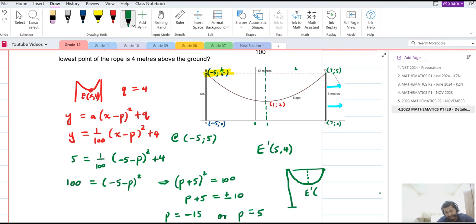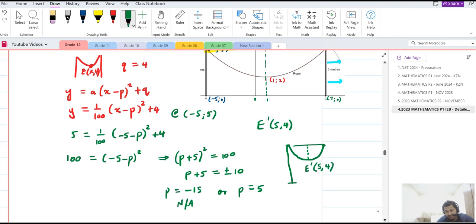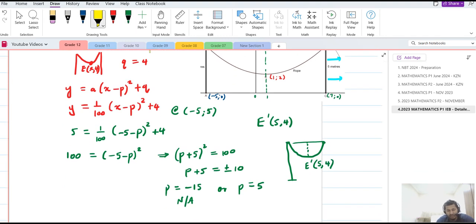From here to there is 5, so we have 5 and 4. Where did we get this 5 from? Obviously it can't be negative 15, it has to be 5, because if I put negative 15 here, it doesn't work. It has to be shifted to the right. Everything gets shifted to the right. So obviously the coordinates of E will now become 5 and 4.